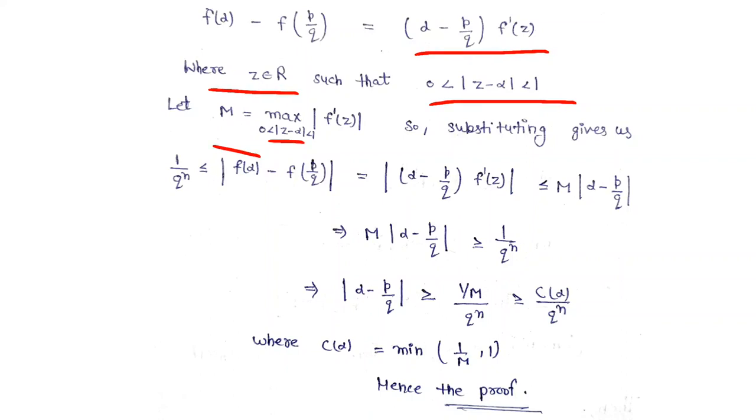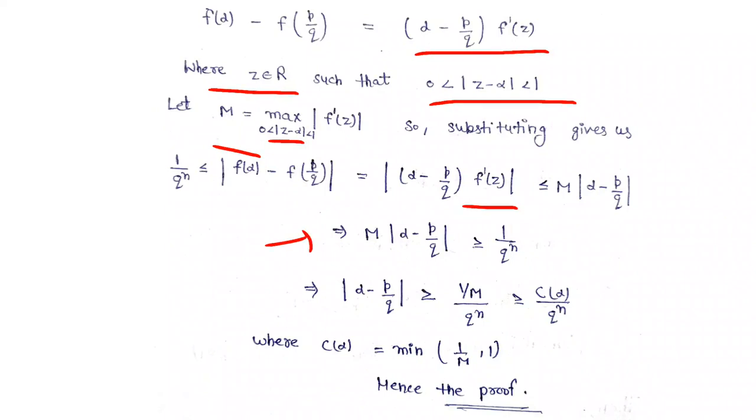So substituting gives us 1 upon q^n less than or equal to mod of f of alpha minus f of p by q, which equals mod of alpha minus p by q into f dash z, which is less than or equal to M into mod of alpha minus p by q.